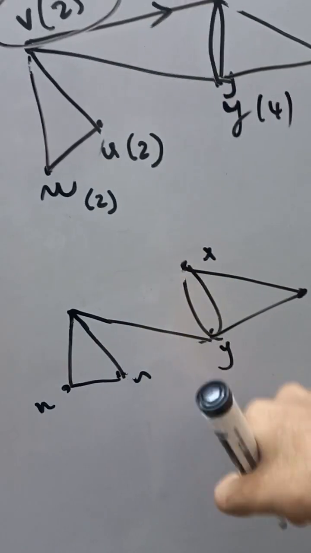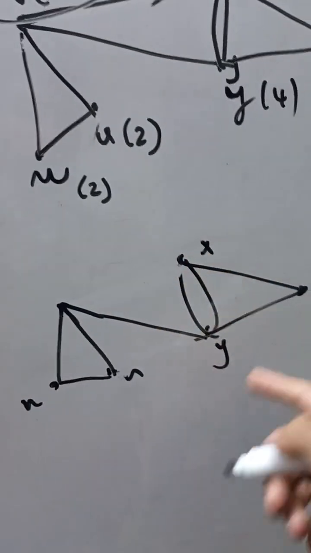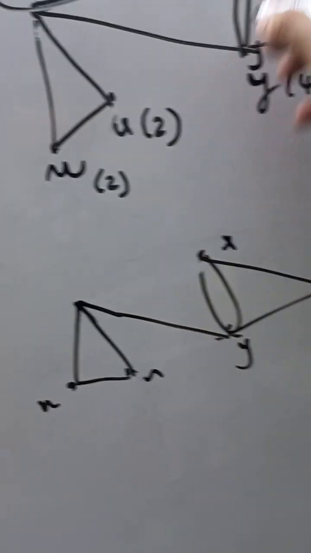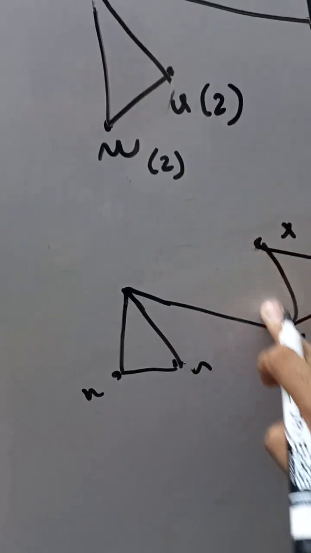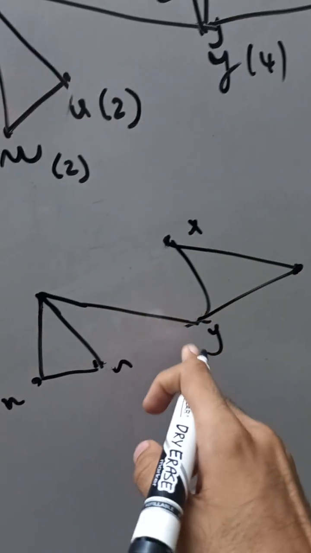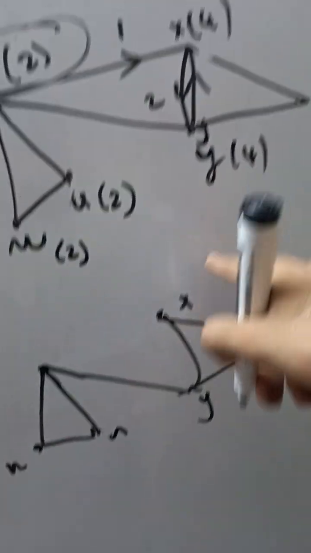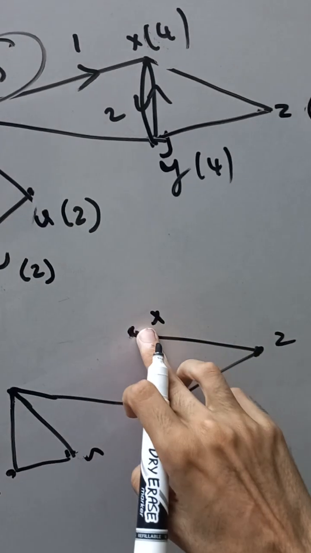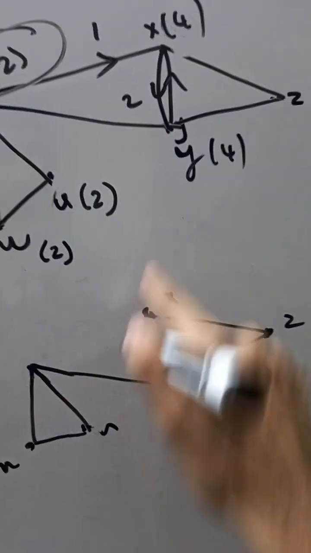Now you can take any path you want. Let's say I go from X to Y, that's 2, so this is gone, and I go from Y back to X and remove this.